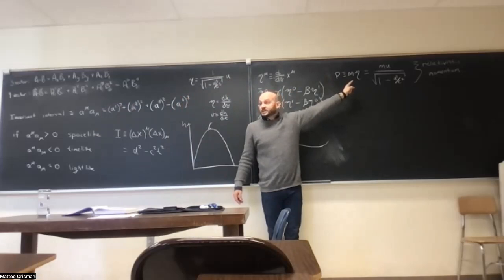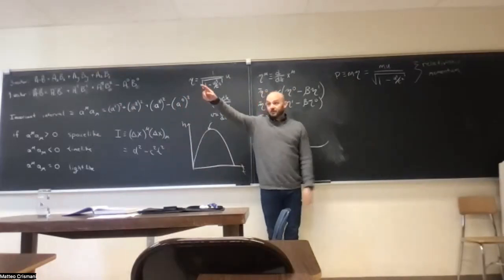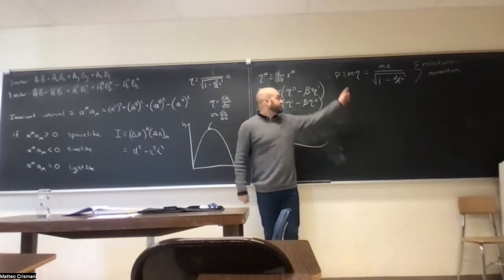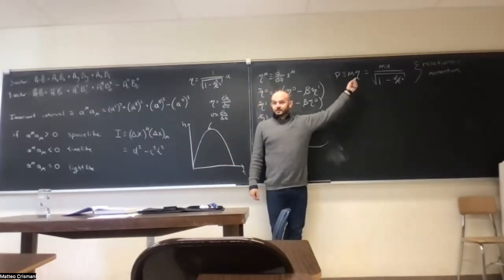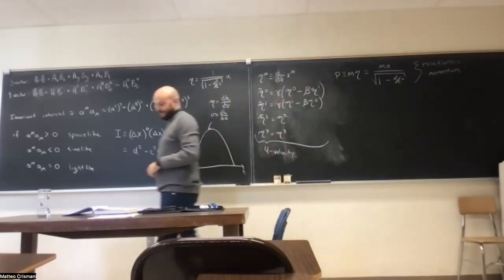You haven't done an experiment. You see? That's the power of doing the Lorentz transformation correctly. That's the power of relativity. Okay, is this true? Yeah, it is true. I'll show you why in a few seconds.